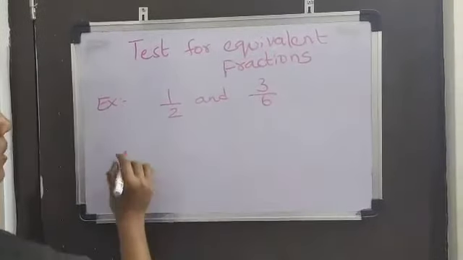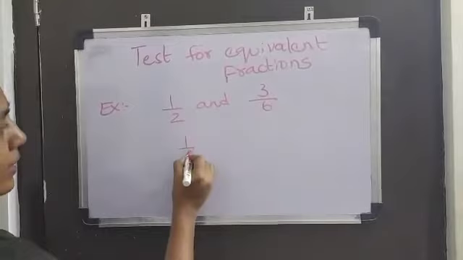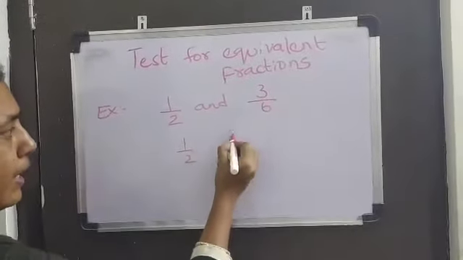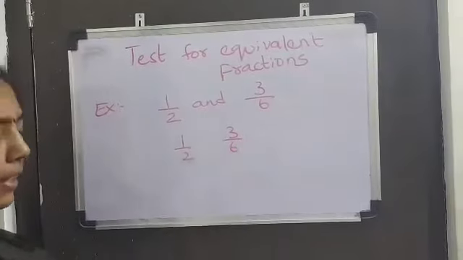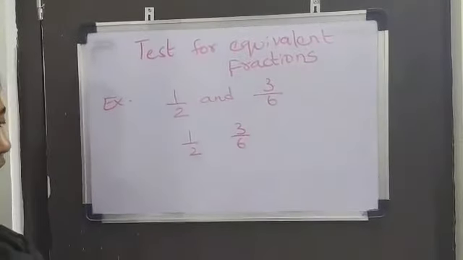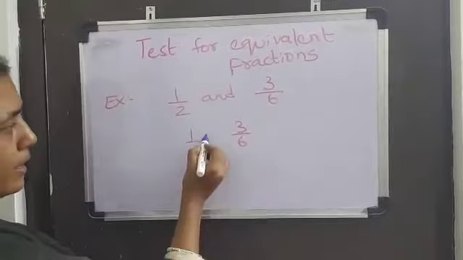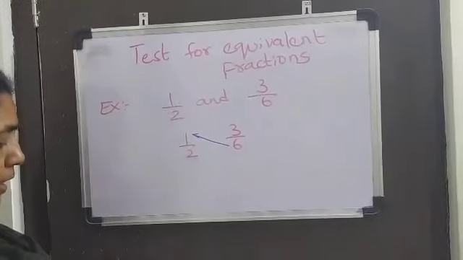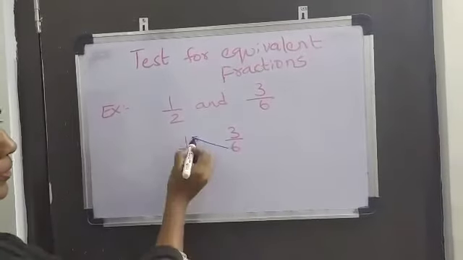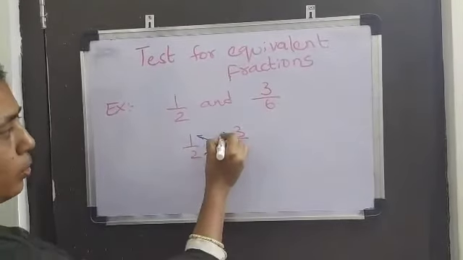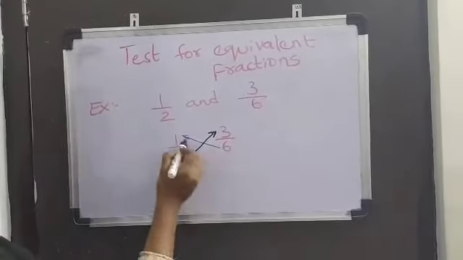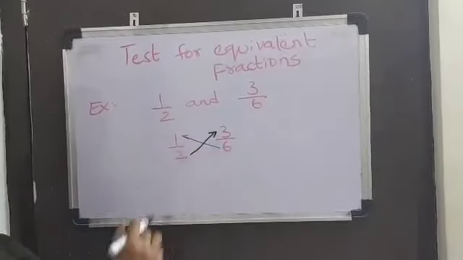Okay, now first what you do is write the fraction like this, and leave some space here and write the other given fraction like this. Then take your pen or pencil, draw an arrow like this. And you draw one more arrow like this. Don't draw here, you will get confused. Just draw 2 arrows like this.